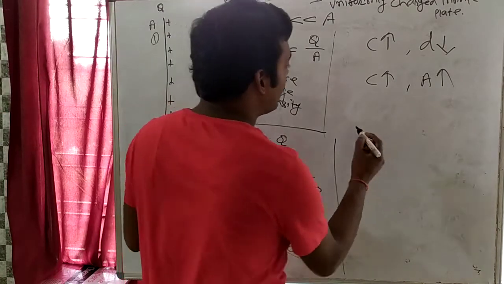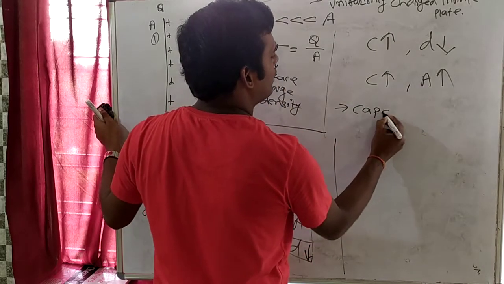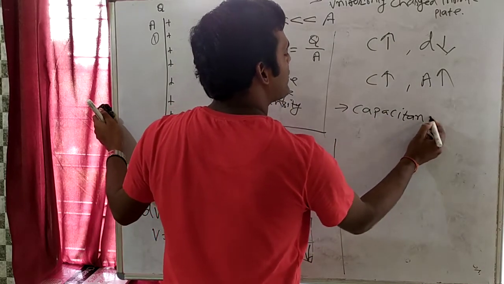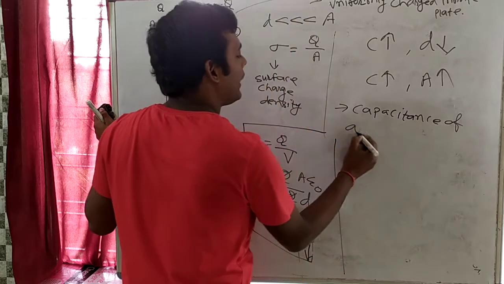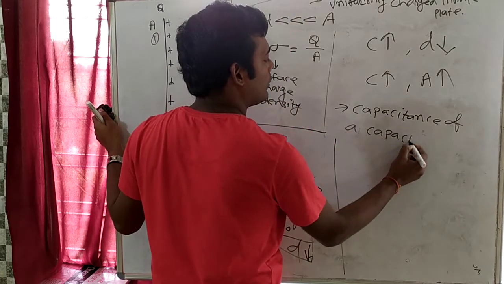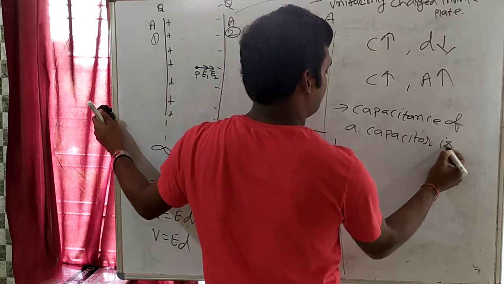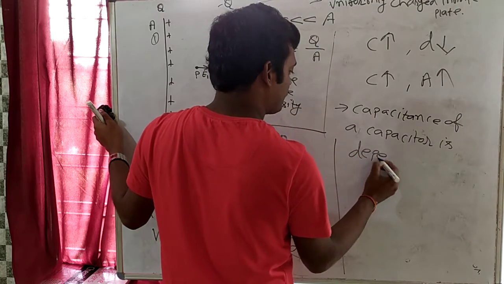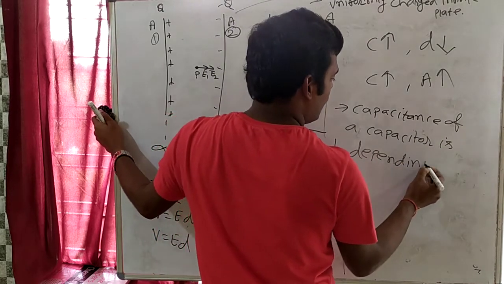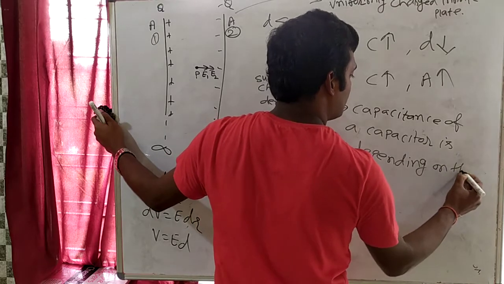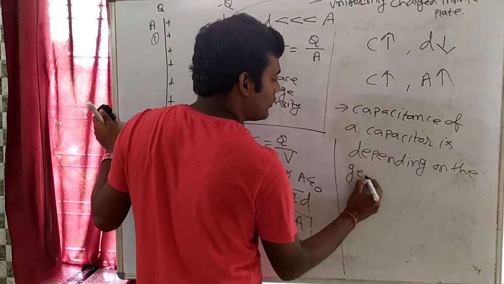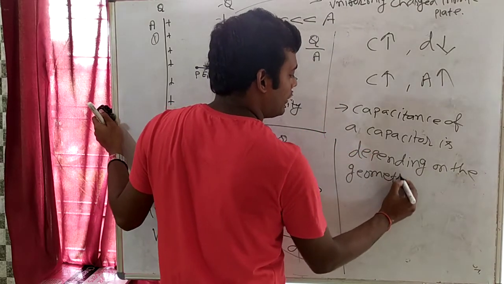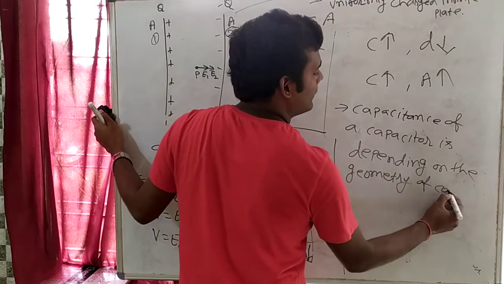Write one statement. Capacitance of a capacitor is depending on the geometry of the capacitor.